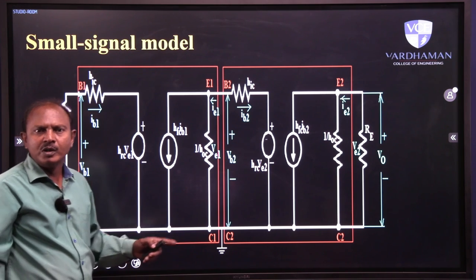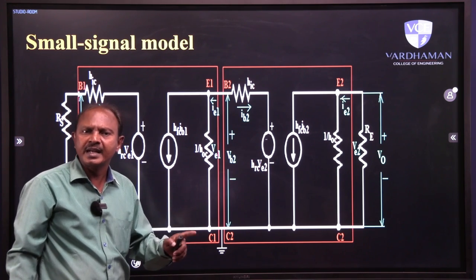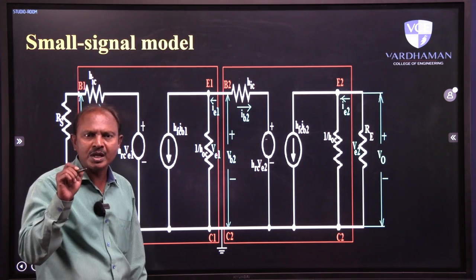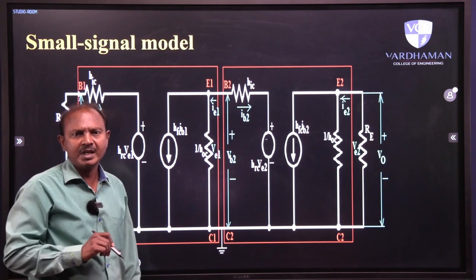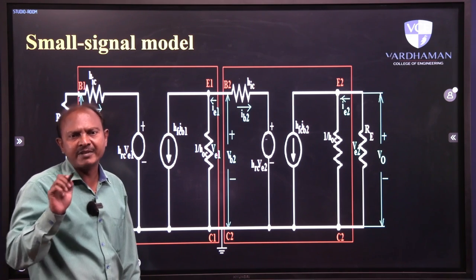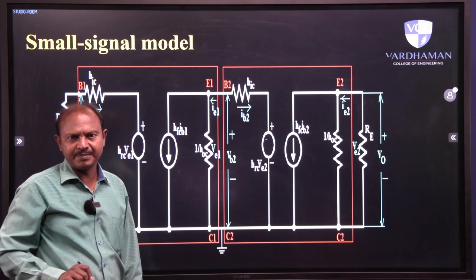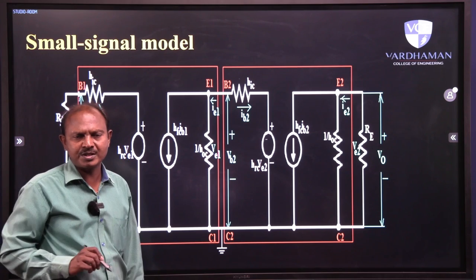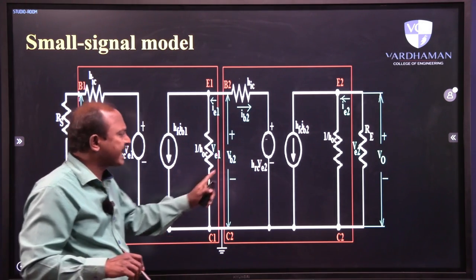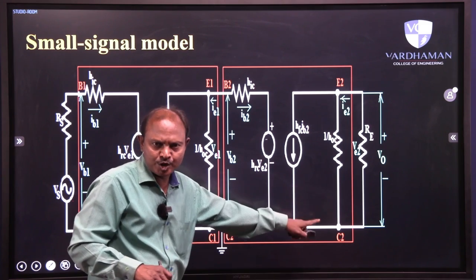Remember, when you are about to analyze a multi-stage amplifier, please keep these hints in mind. You have to complete the analysis in 3 different levels in a multi-stage amplifier. First of all, you start with the second stage or the last stage.